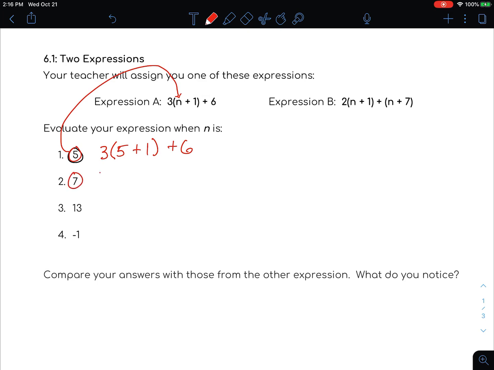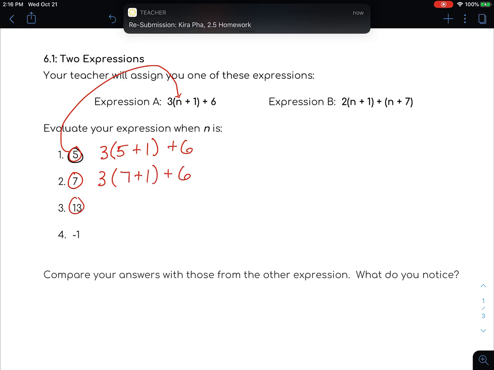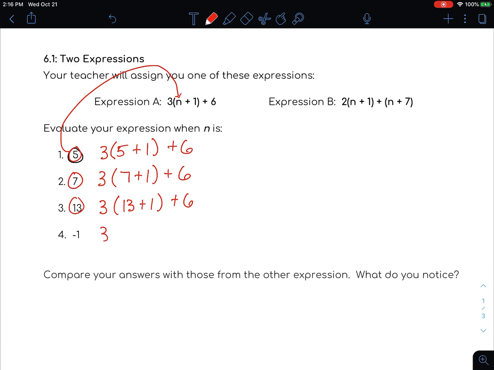And then let's do the same thing with the second one. 3 times 7 plus 1 plus 6. And then we'll do it with 13. 3 times 13 plus 1 plus 6. And 3 times -1 plus 1 plus 6. So in each one of these spots, we're putting in that value for n and then working out what we are going to have.